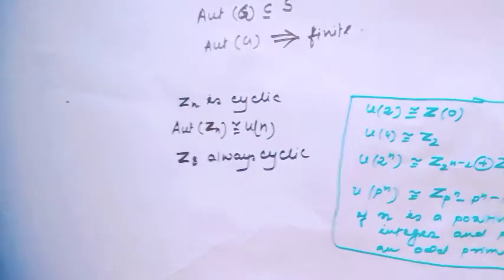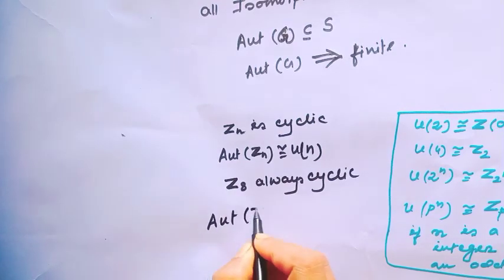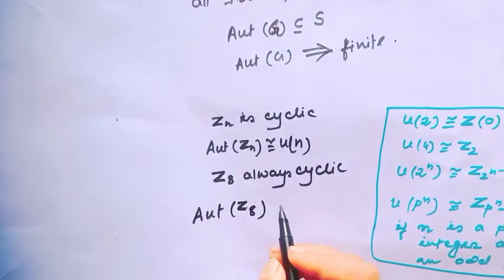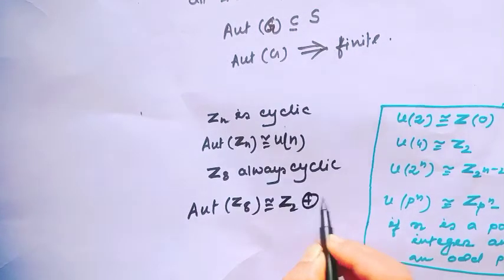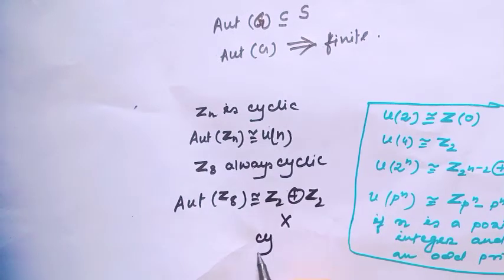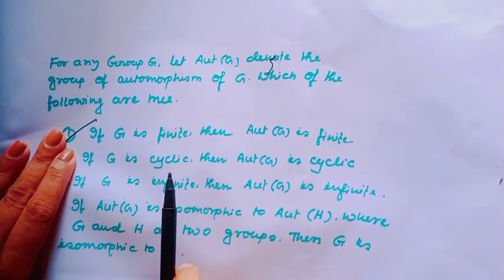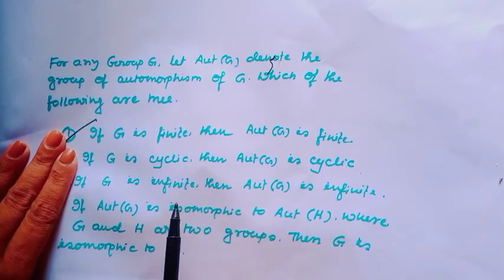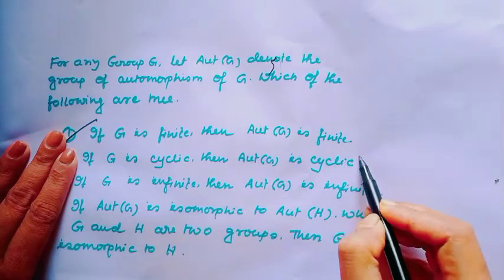So Aut(Z8) by this theorem is isomorphic to Z2 direct product Z2. And we all know this is not a cyclic group. Therefore, option 2 is a wrong option. If G is a cyclic group, then Aut(G) may not be cyclic.